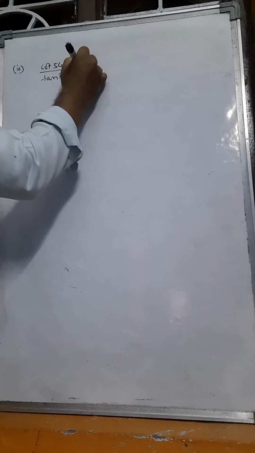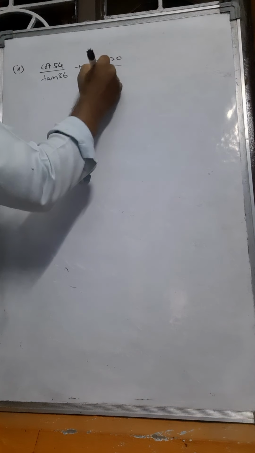Next, third one: cot 54 by tan 36 plus tan 20 by cot 70 minus 2. Here 54 and 36 are complementary angles, and 20 and 70 are complementary angles. 20 plus 70 is 90, 54 plus 36 is 90.